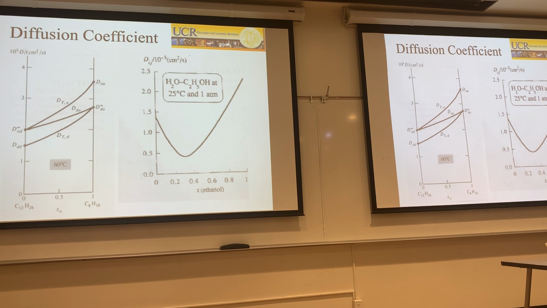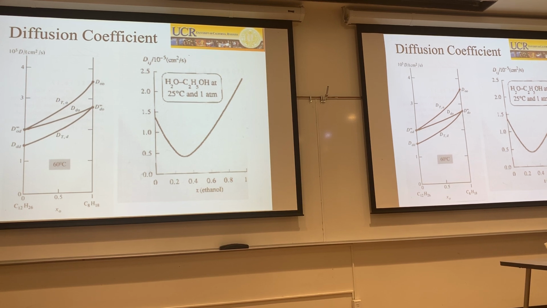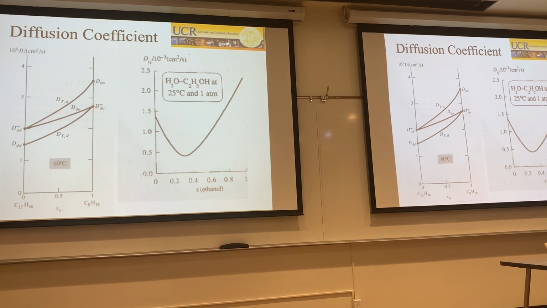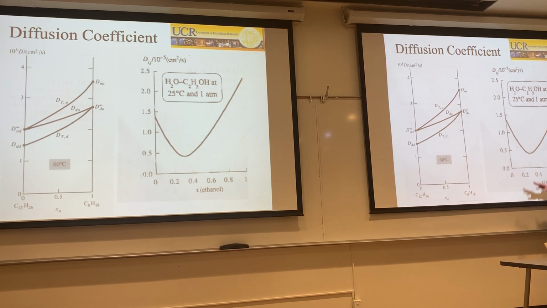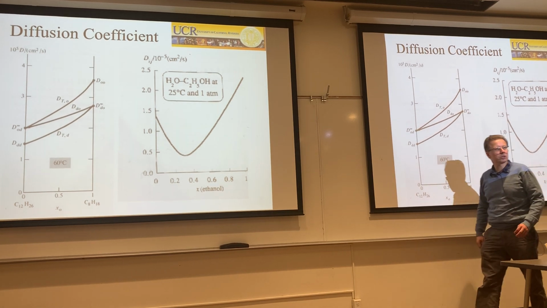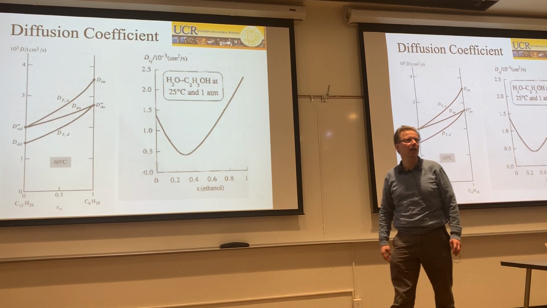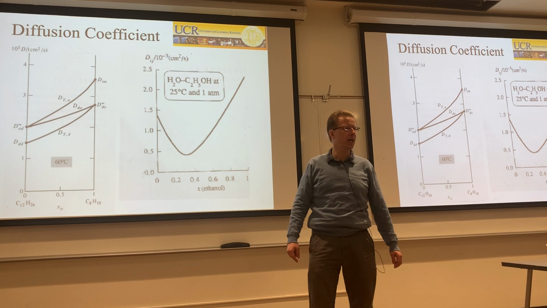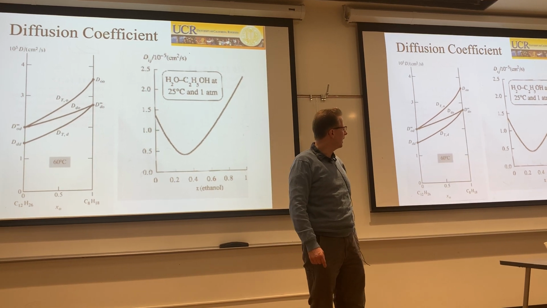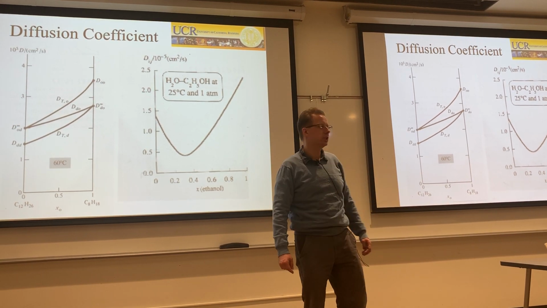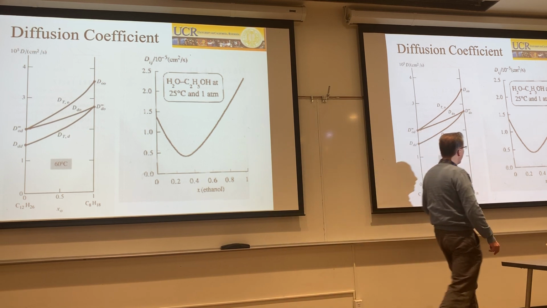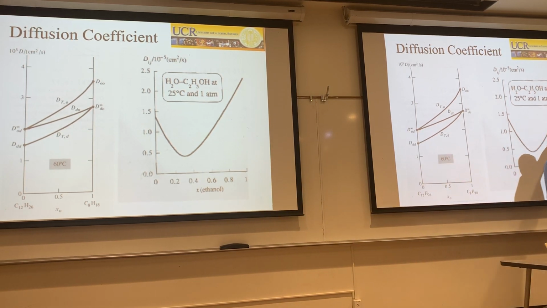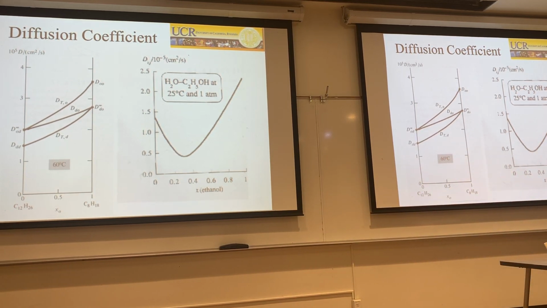You can also say things can happen. Here you have ethanol in water, and at a certain concentration over here, the diffusion becomes the slowest, because there you have the strongest interaction between the water molecules and the ethanol molecules. And then at different concentrations, you have less interaction between them on average, and you will get faster diffusion.